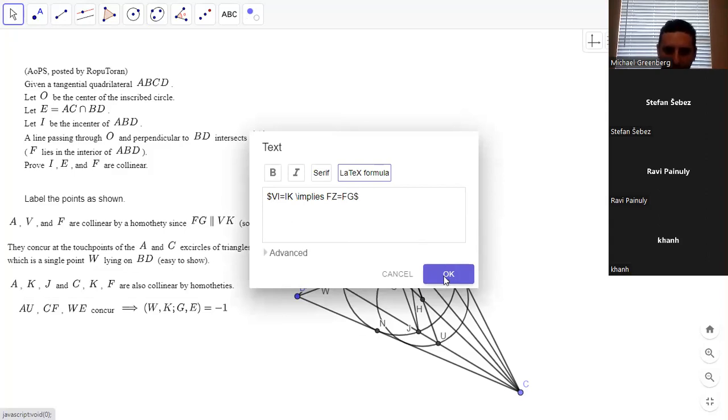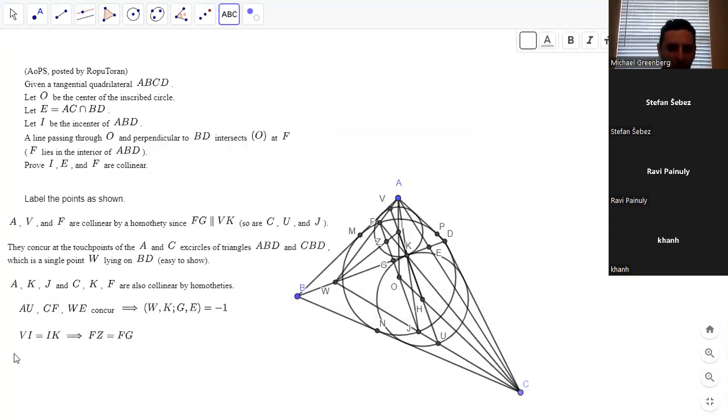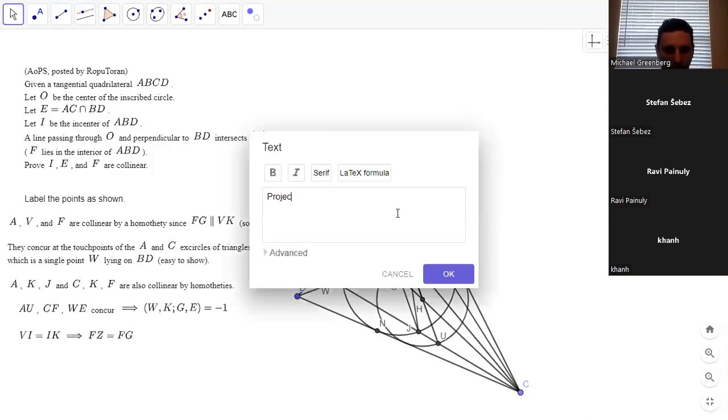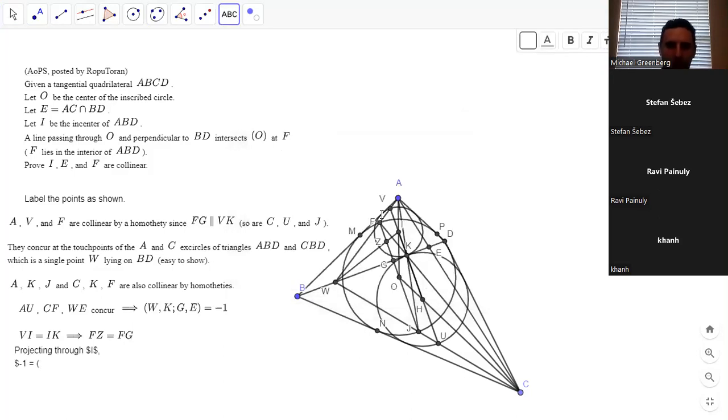And then we project through I. So we have -1, which is equal to, so FZ is equal to ZG.